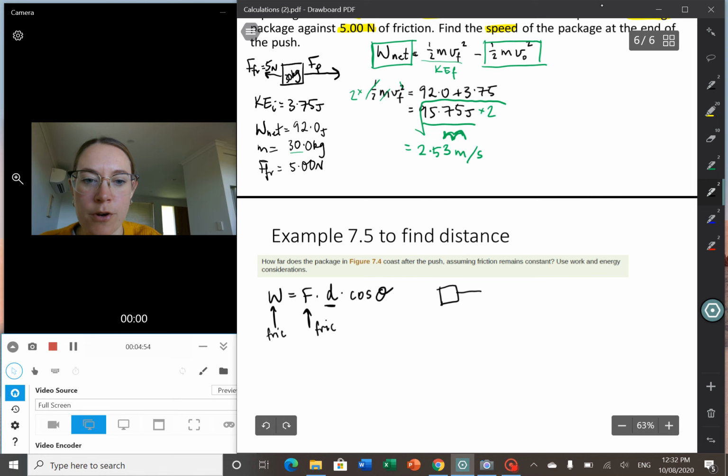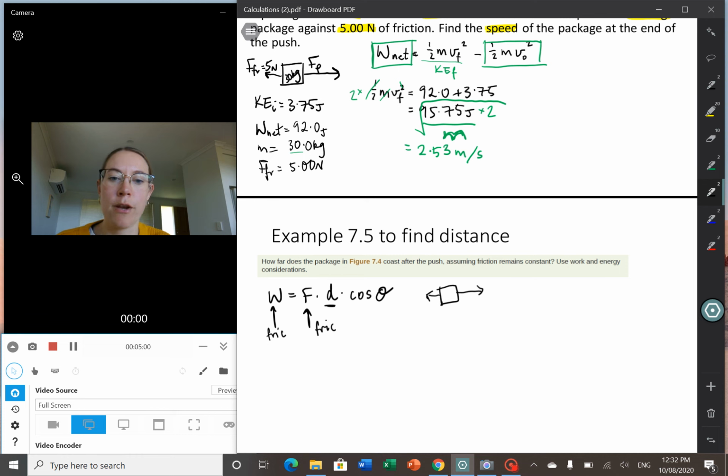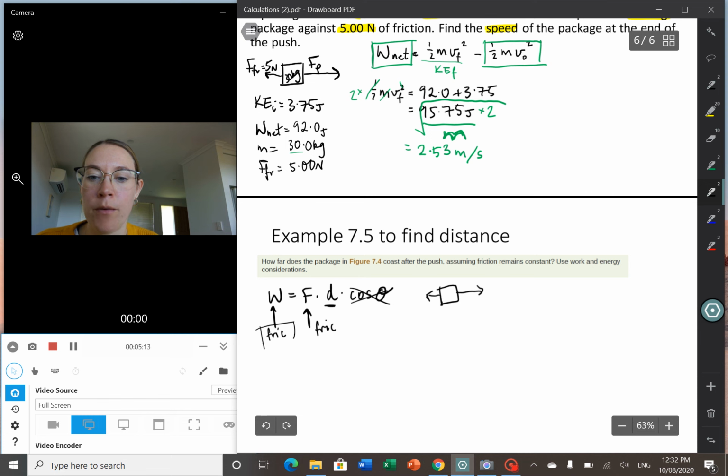The package is travelling in this direction, but the frictional force is parallel but in the opposite direction, meaning we do not need this part of our equation, but our value is going to be negative for work done by friction.